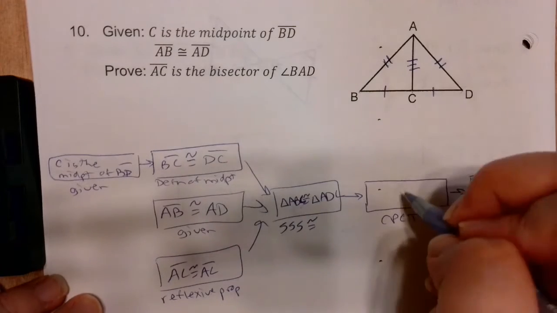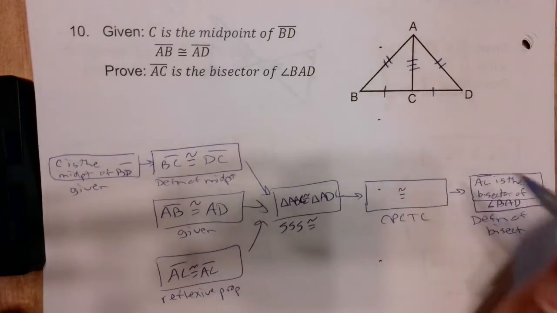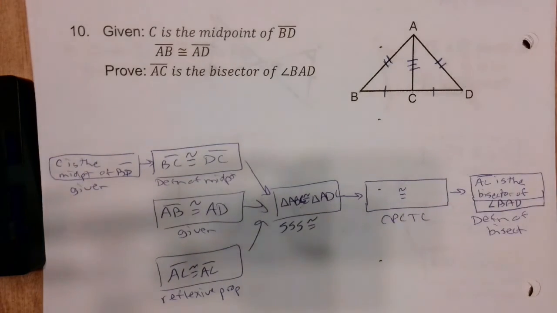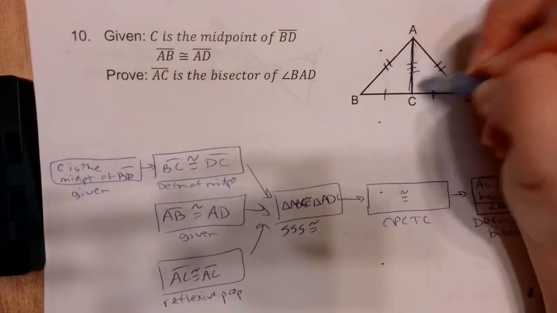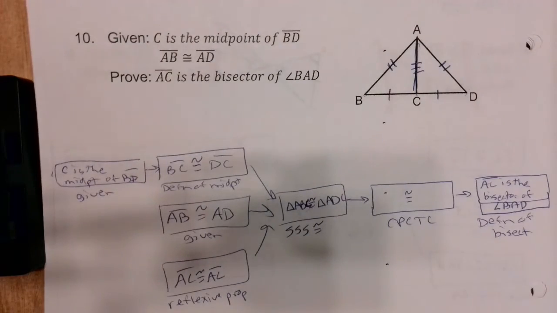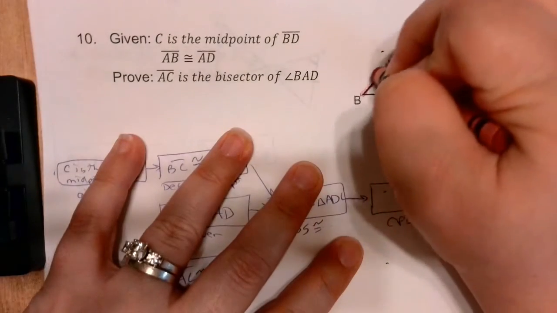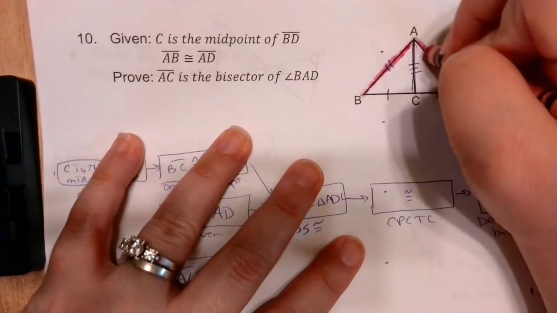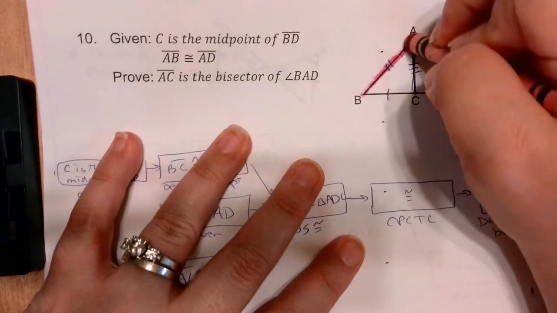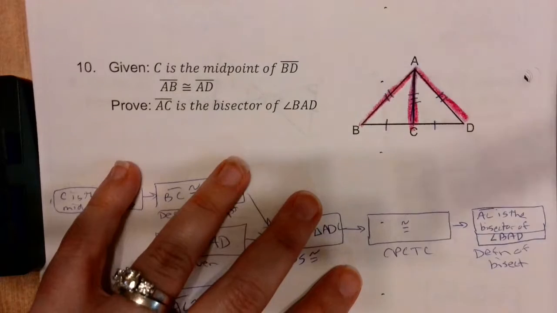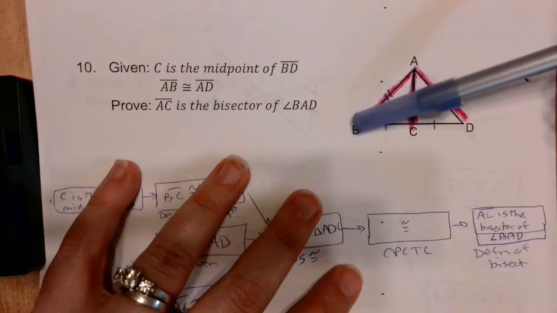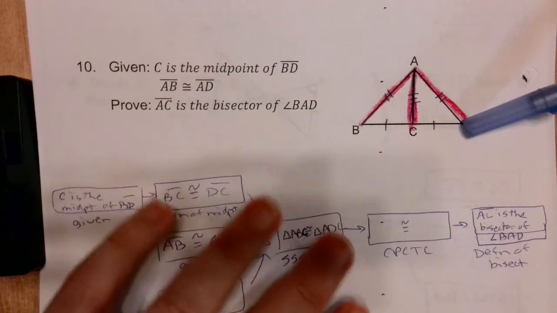Now, this part here needs to be 2 congruent things. Now, we're trying to show that AC, right here, bisects, use red, angle BAD. We're trying to show that AC bisects BAD.